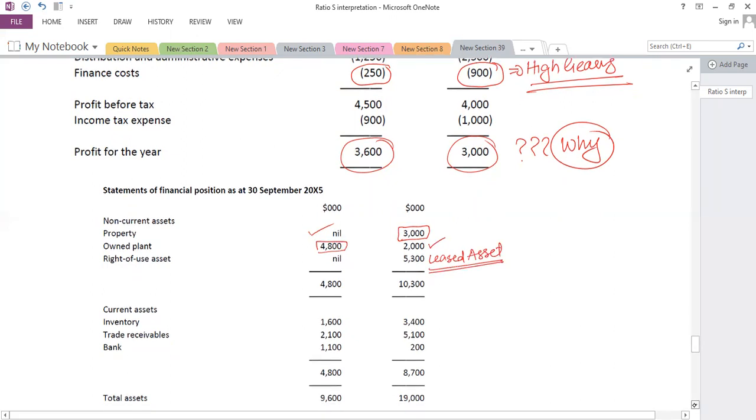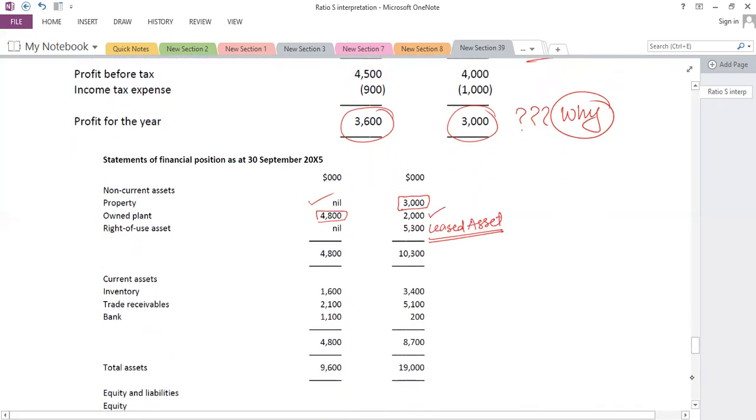Okay. Earlier I told you, you have to identify factors from the question. The more you identify, the more you connect with your ratios, the better the chance of getting good marks. Inventory position, almost half. Receivable, almost half. Bank balance, you can see here, huge as compared to this.